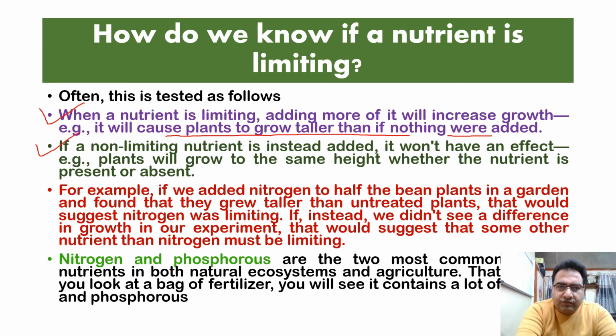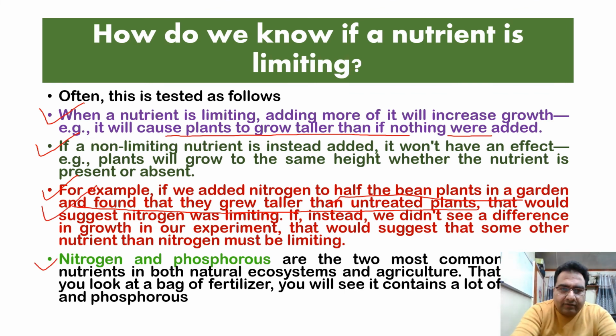For example, plants will grow to the same height whether the nutrient is present or not. So if the plant grows to the same height either way, that is not a limiting factor. For example, if we add nitrogen to half of the bean plants in the garden and find that they grow taller than the untreated plants, that would suggest that nitrogen was limiting.